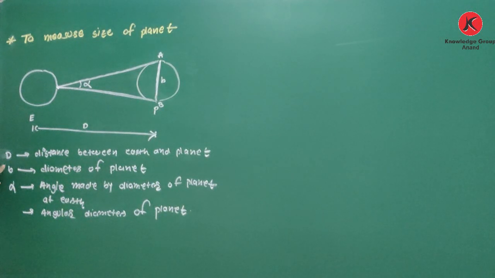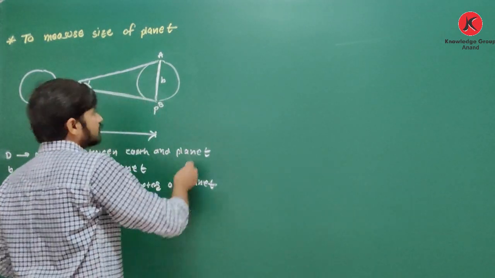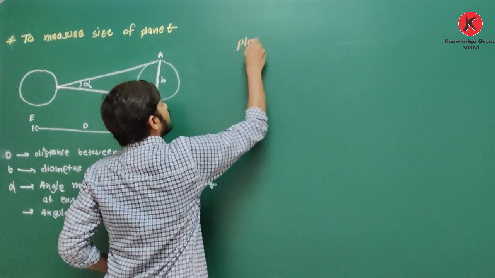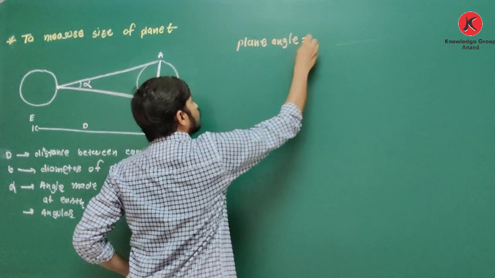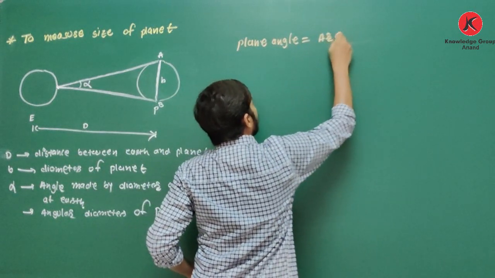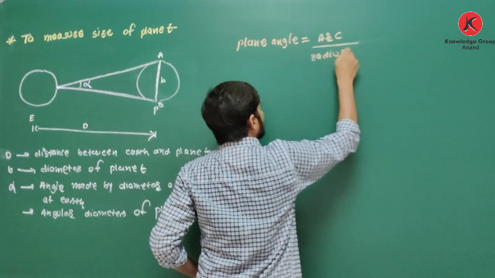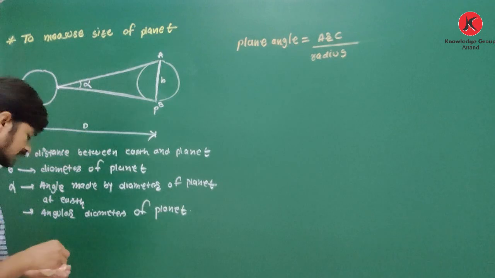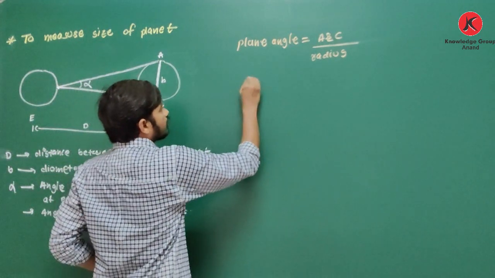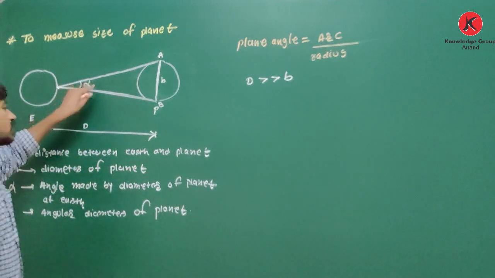What is capital D, what is small d, and what is alpha. Now again, I will use the same definition: plane angle is equal to arc upon radius. Here capital D is very much greater than B. Plane angle means alpha.